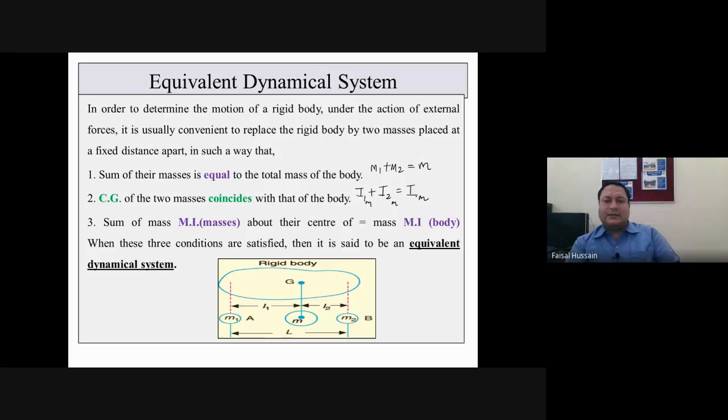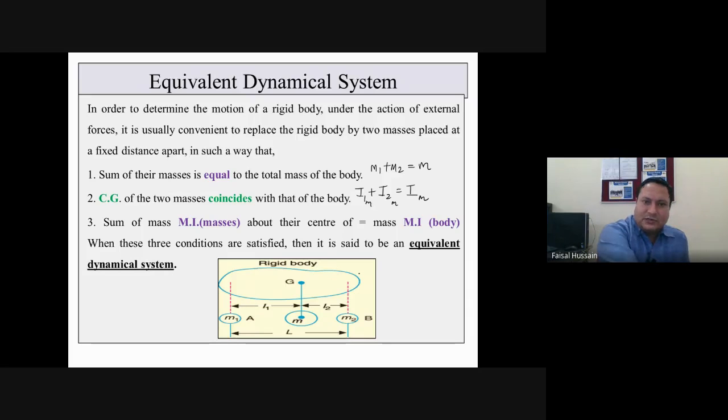So if these three conditions are satisfied, then the system is known as equivalent dynamical system. So basically, in order to determine the motion of a rigid body under the action of several external forces, it is usually convenient to replace the rigid body by two masses placed at a fixed distance apart.